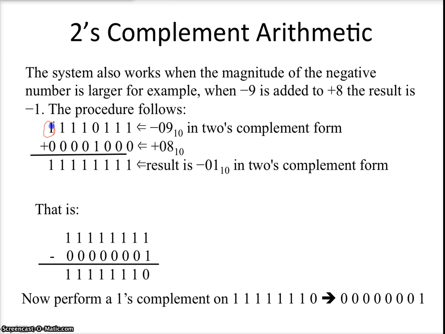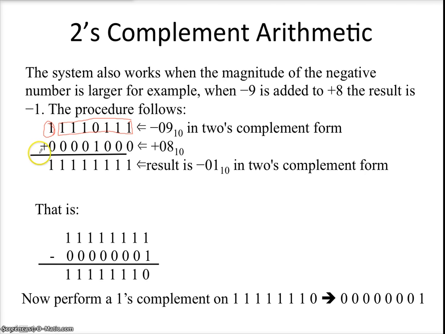This bit is always a 1 over here if it's a negative number. So essentially, when you're actually doing 2's complement math, your numerical system only consists of these bits, right? That would be 2 to the 0, 2 to the 1, 2, 3, 4, 5, 6.